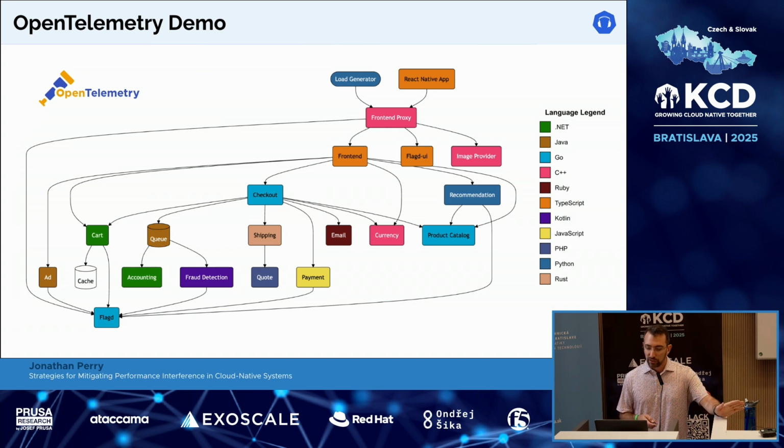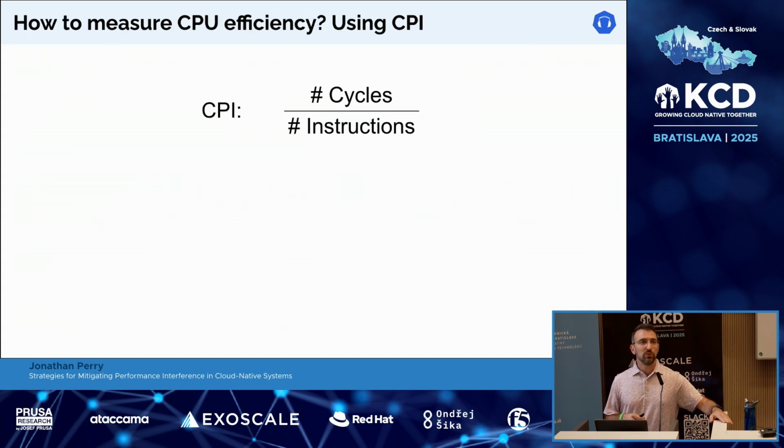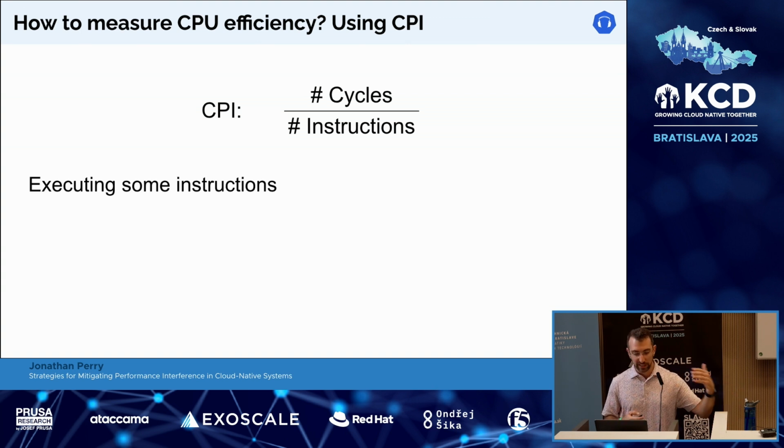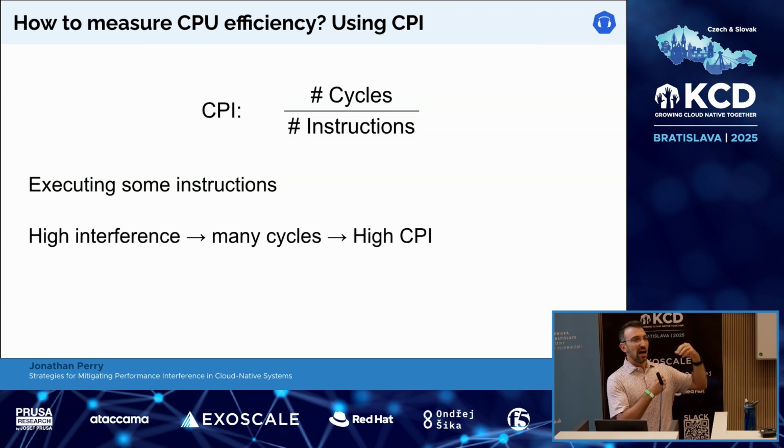So to measure the interference, we used a well-known metric called CPI, or cycles per instruction. This is a well-accepted way to measure degradation in CPU efficiency. And the idea is this, right? Your application wants to execute some number of instructions to service your users. If there is high memory interference, maybe a noisy neighbor, your applications cannot go to caches, they have to go to DRAM, so they have to wait.